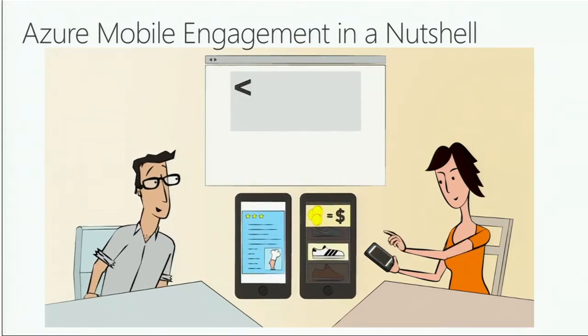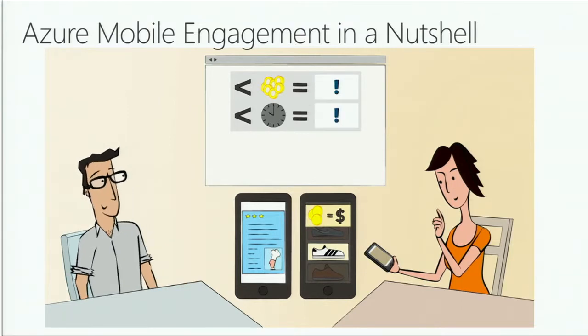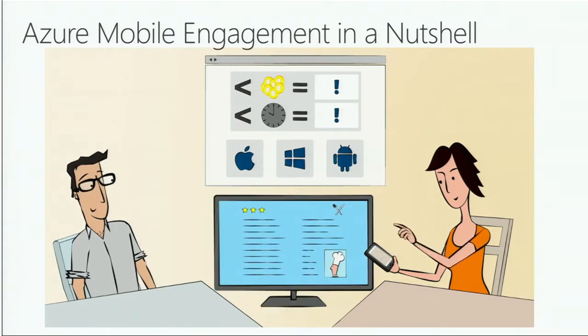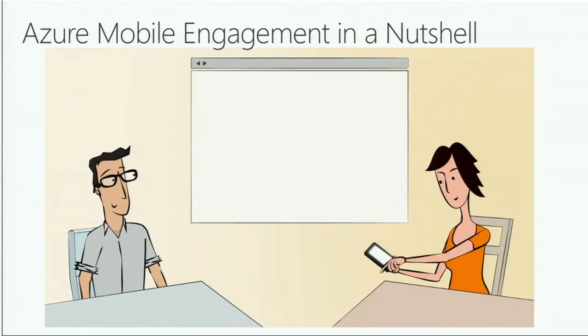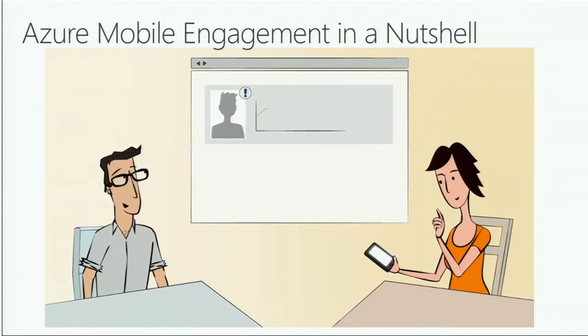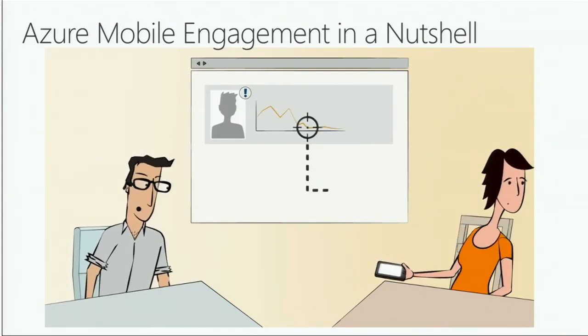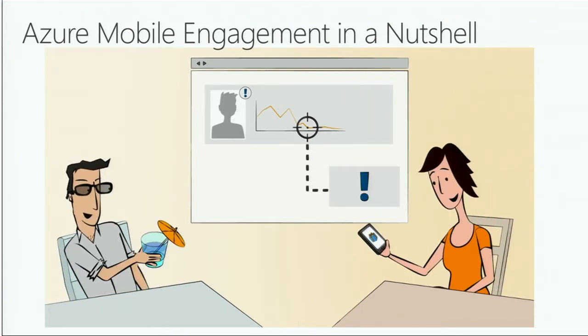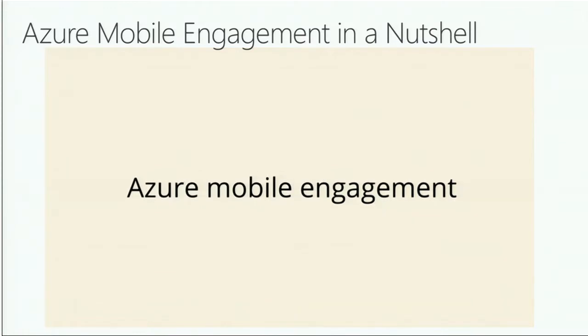With this info, Azure Mobile Engagement helps you automate targeted campaigns that work on every platform and any device with an internet connection, even a smart TV. Finally, Azure Mobile Engagement also recognizes user segments for you. For example, the ones that are losing interest. You can directly send something really cool to win them over again. Awesome! Azure Mobile Engagement. Pilot your apps.